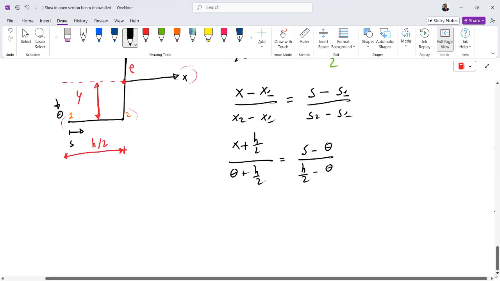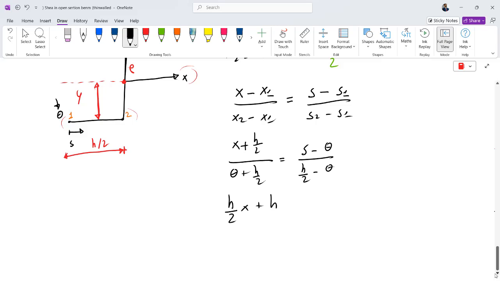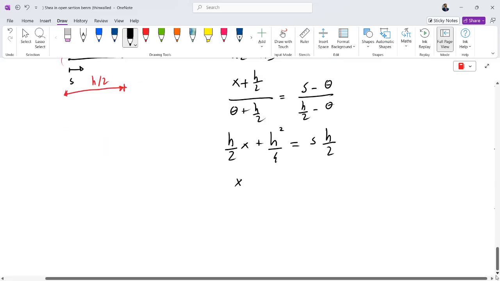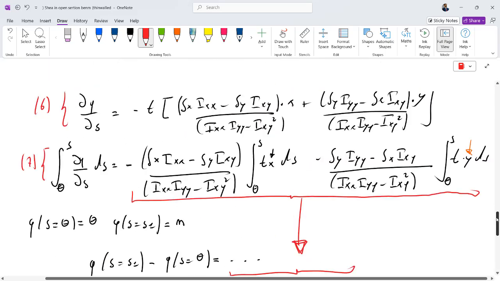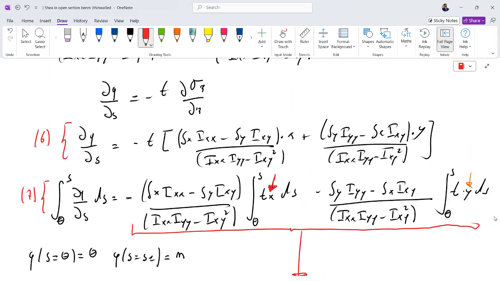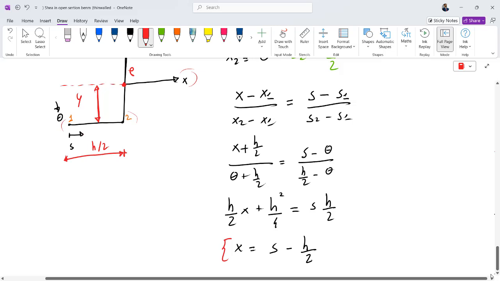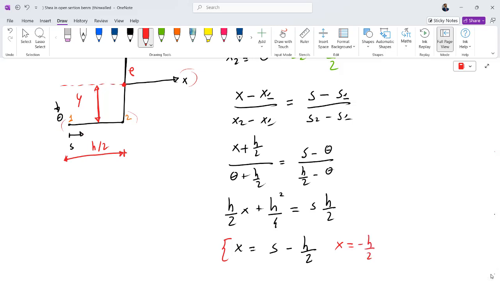If I solve this equation, we obtain h divided by 2 times x plus h squared divided by 4 is equal to s times h divided by 2. I solve for x. This is the equation of the path in this integral, because it is the variation along x of the abscissa s. So when s is equal to 0, x is equal to minus h divided by 2. When s is equal to h divided by 2, x is equal to 0.